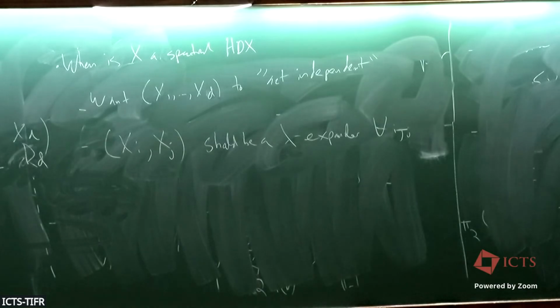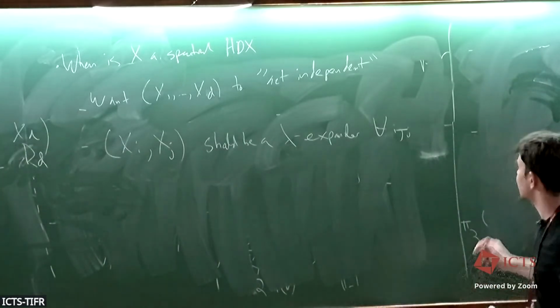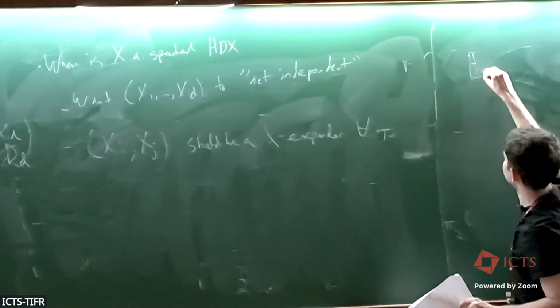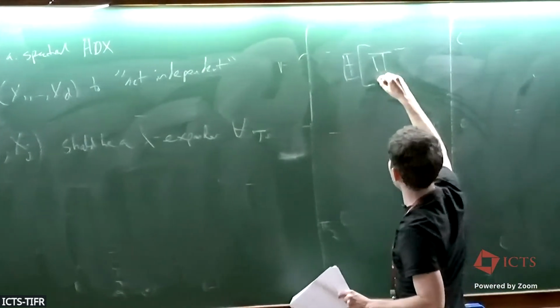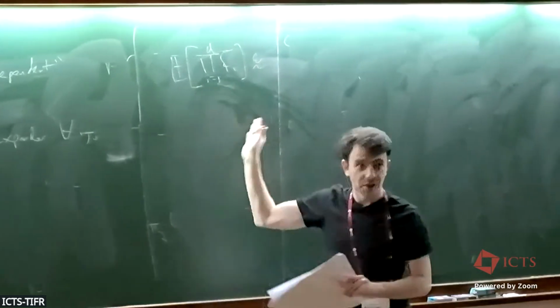Okay, that's one definition. You might also think to directly generalize the expander mixing lemma, right? Maybe I have functions f1, f2, f3, f4, up through fd, on the parts, and I might ask for some sort of high-dimensional expander mixing lemma, right? That maybe what I'm asking for is that the expectation of the product of all of these fi should be roughly equal to the product of their expectations.